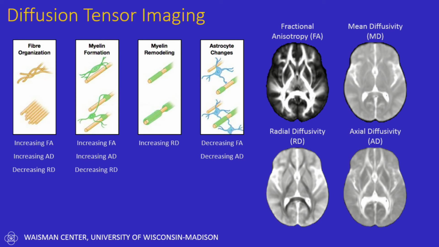For instance, changes in the way that the white matter fibers, those wires, are organized might lead to increasing FA, but also other changes in the white matter can lead to similar changes. So using DTI, we can't understand what processes are actually happening when we look at these measures.